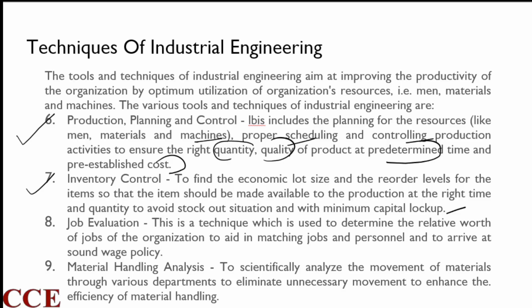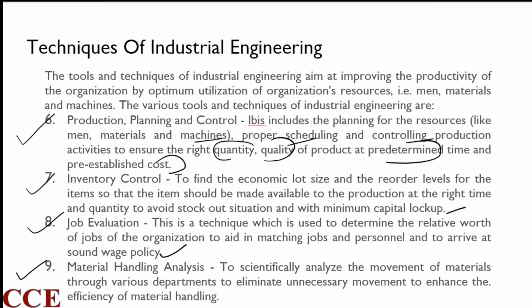Next is job evaluation. Job evaluation is used to determine the relative worth of jobs of the organization, to aid in matching jobs and personnel and to arrive at a sound wage policy. Last is material handling analysis.